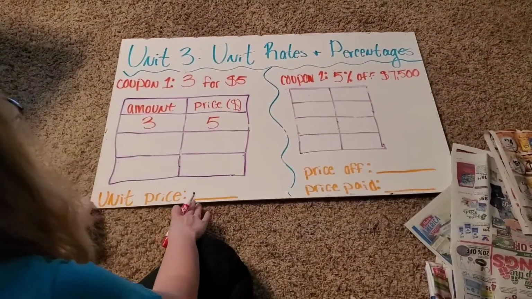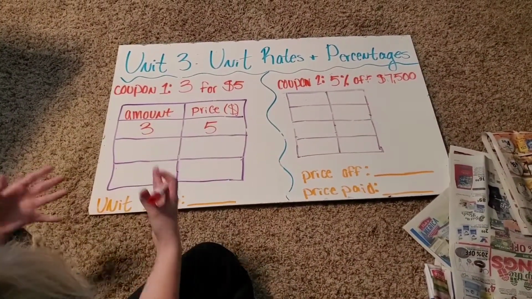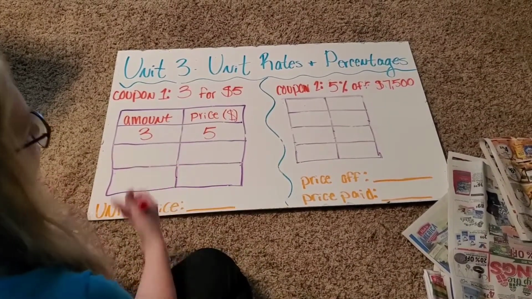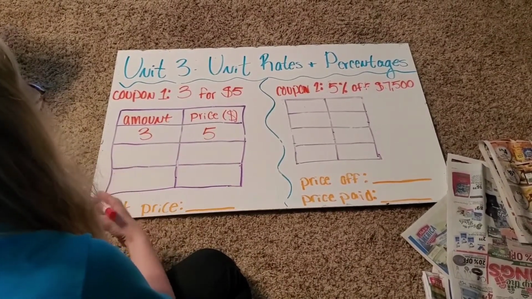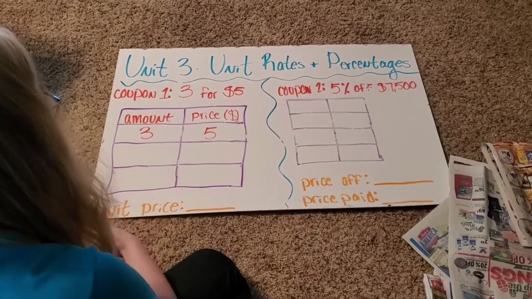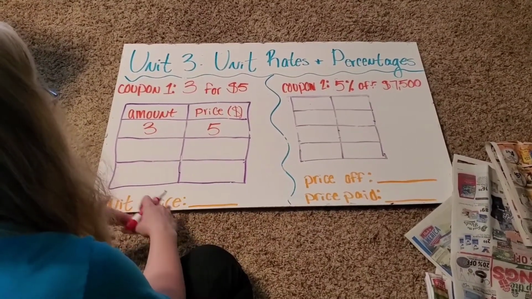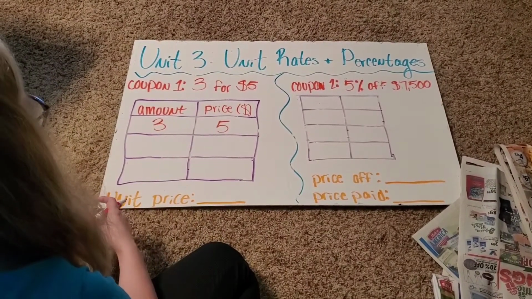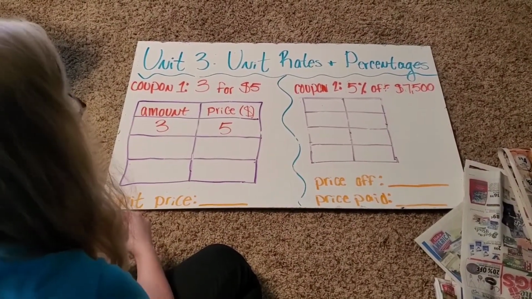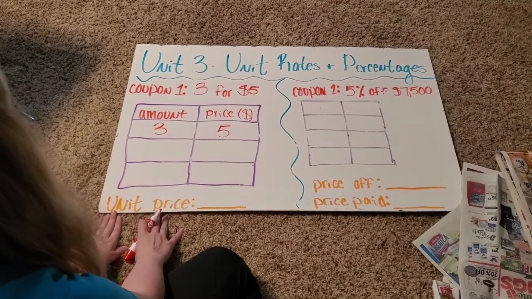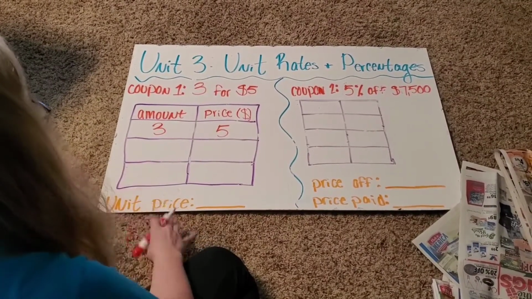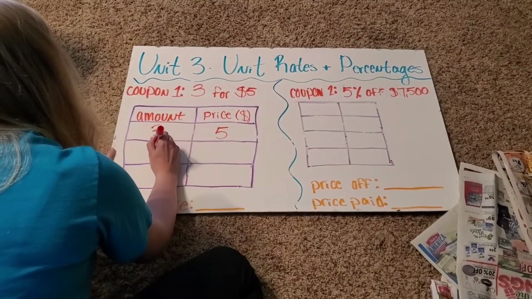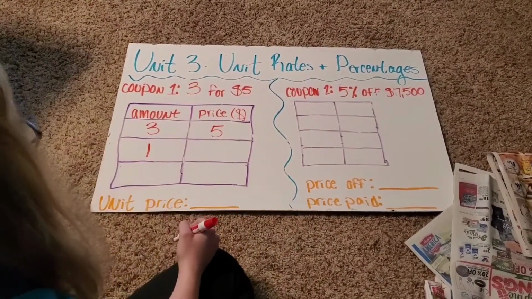So I want to know the unit price. And actually, there's one way, but I want to hit the other type of unit rate. We specifically want unit price, but there's another unit rate that I want to talk about that you guys may accidentally get. So first, we're going to talk about how do you get unit price. Well, the unit price is how much I'm paying if I would get 1 package.